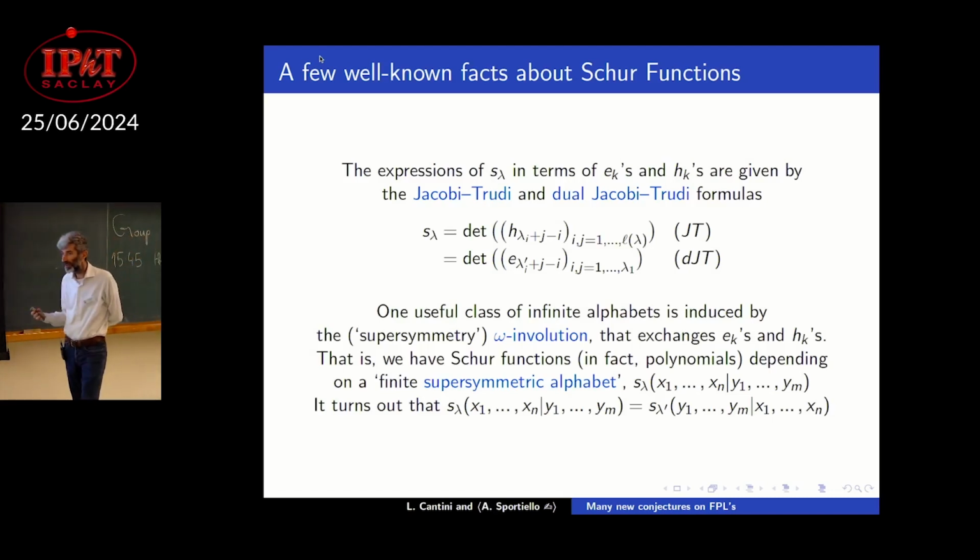One special alphabet which is infinite with respect to use of h and e in Jacobi-Trudi, but in fact gives finite polynomials, are supersymmetric Schur functions.